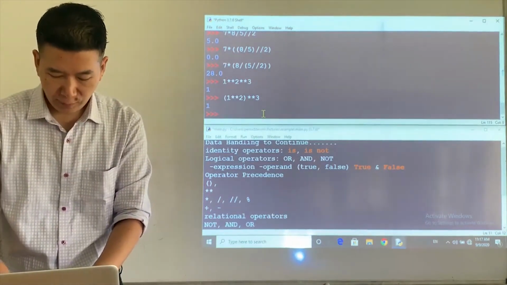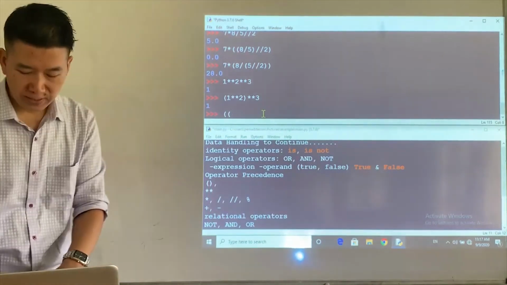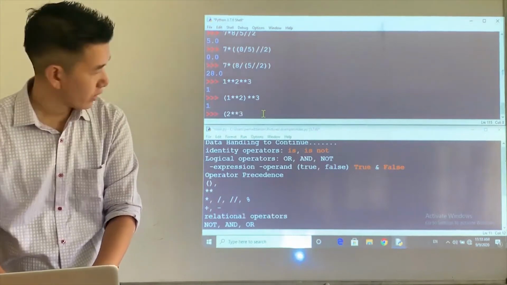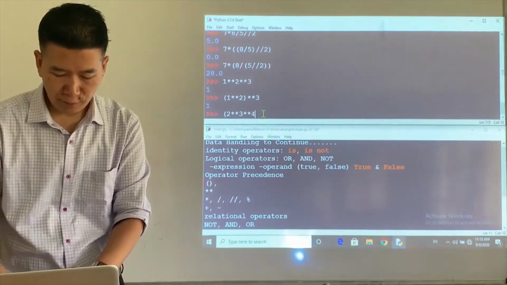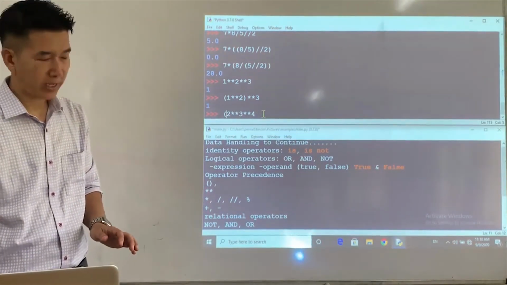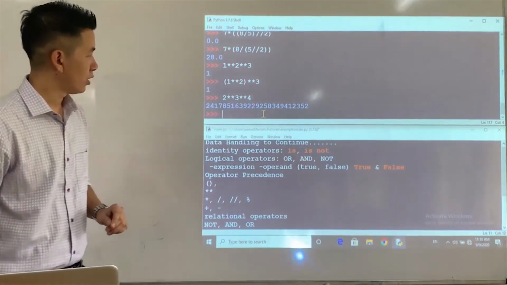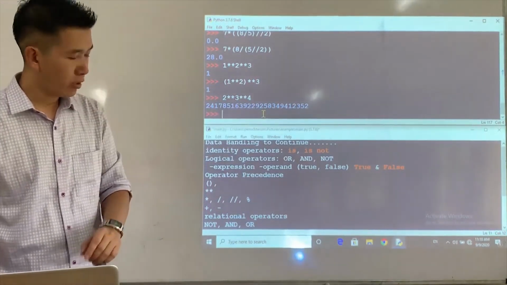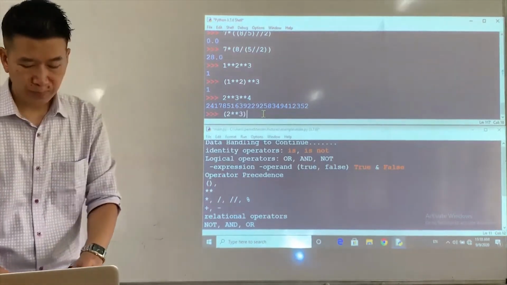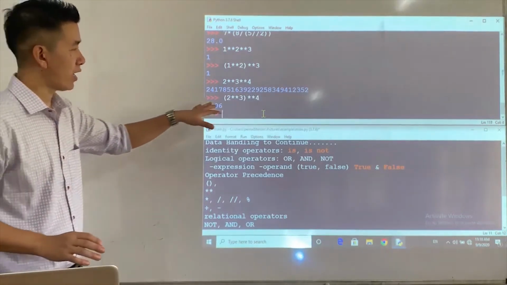Just to play safe, I'll come up with 2, 3, and then 4, right? Now let's say I run it like this. When I run it, you get this big number. However, if I enclose 2 raised to 3 in brackets and do this first, I'll get a different answer.